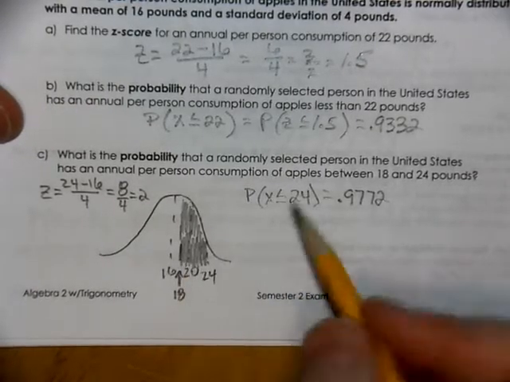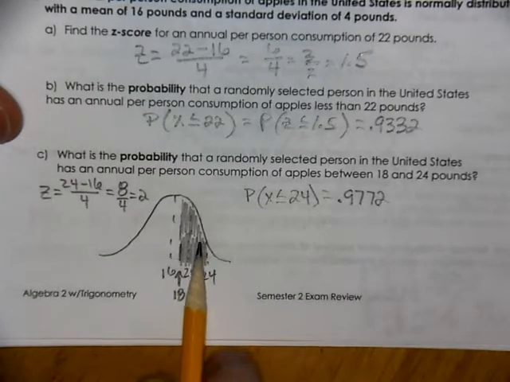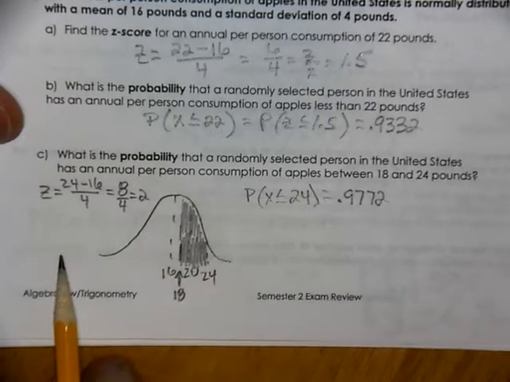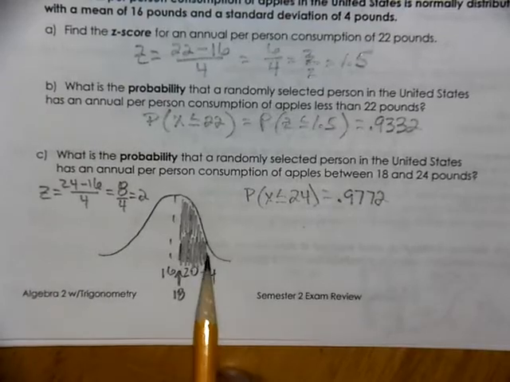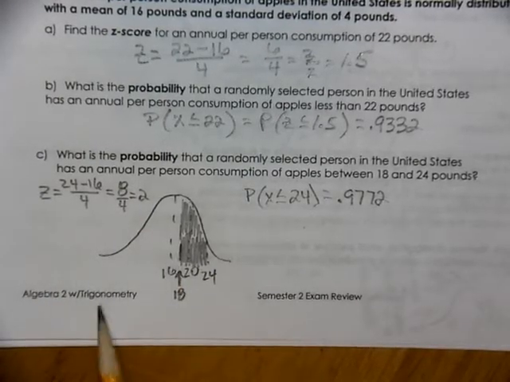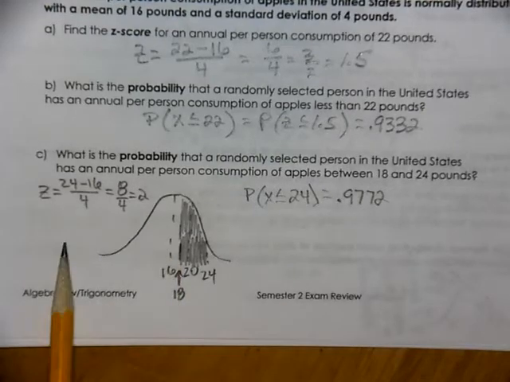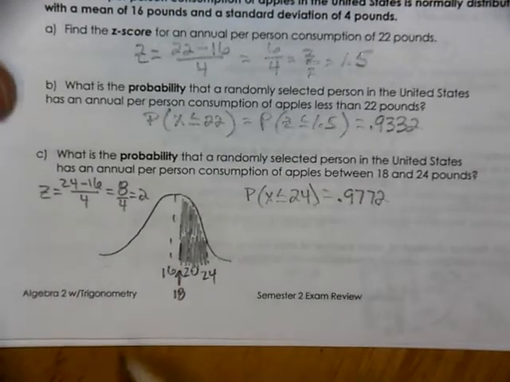That would be 97% of the people are below 24. But we don't want to go below forever. We just want to go until we get to 18. So now we're going to subtract away everything below 18.